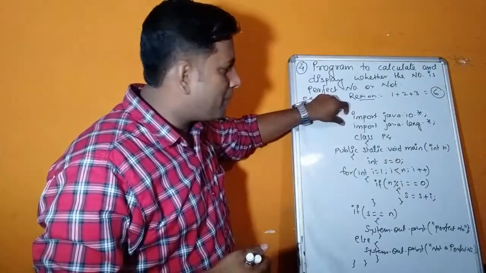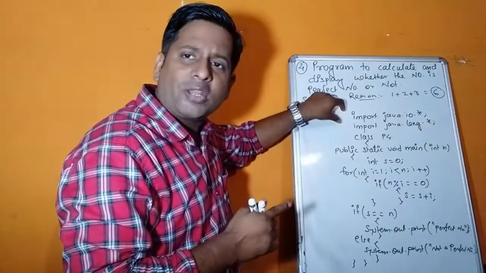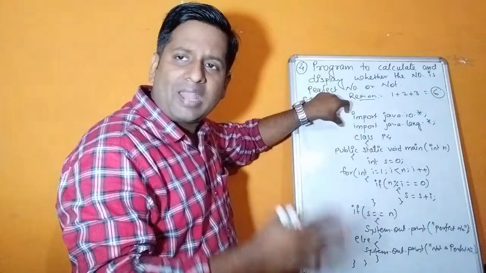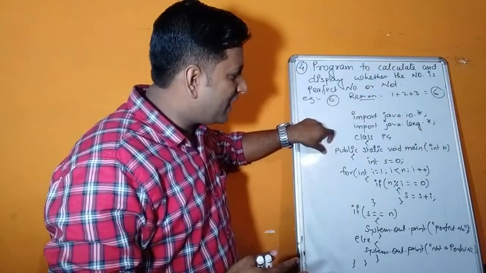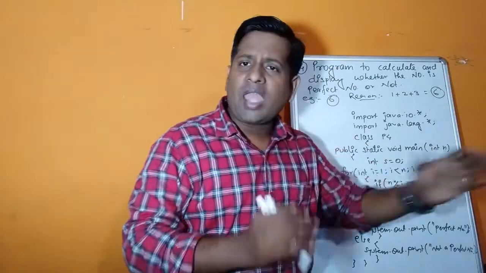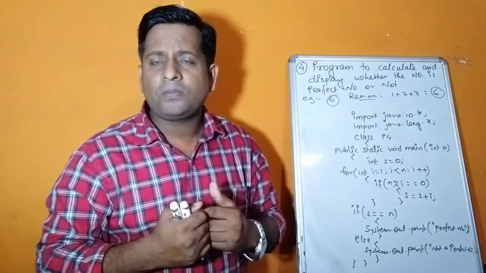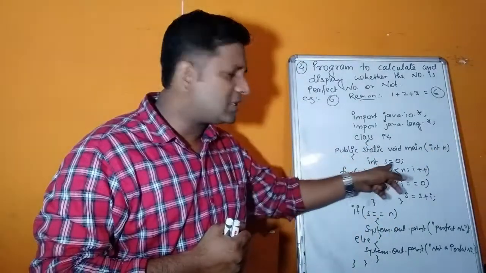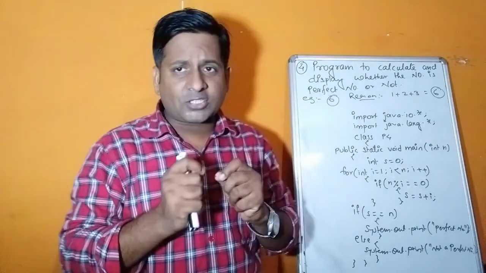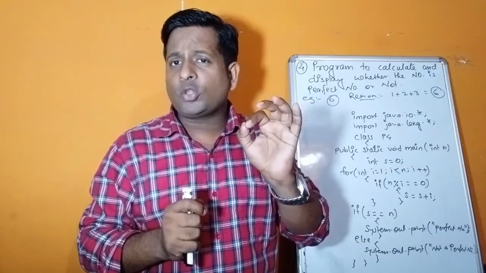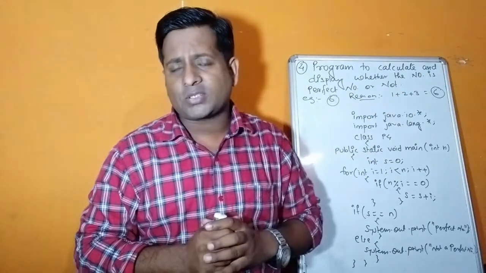So first I wrote the package, import java.io.*, import java.lang.*, class p4, public static void main, int n is the number we asked from the user. int s is equal to 0, the sum of factors it will hold. Now for factors, how do we come to know that 1, 2 and 3 are the factors?